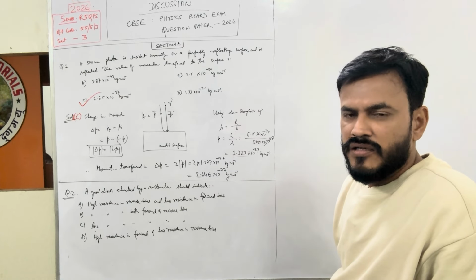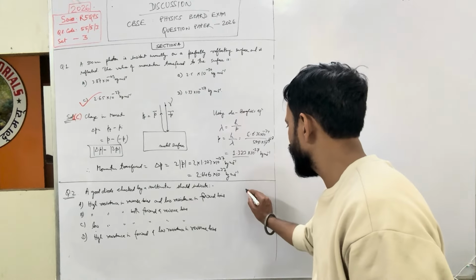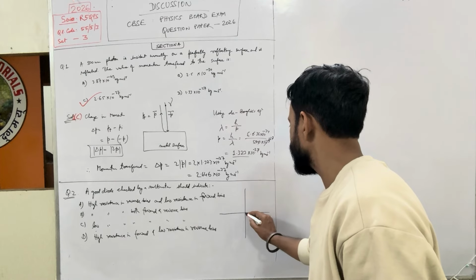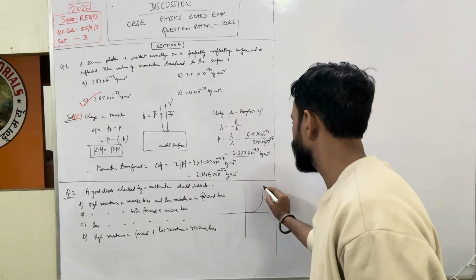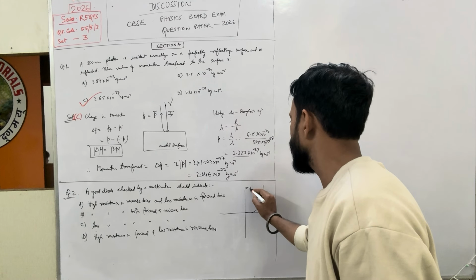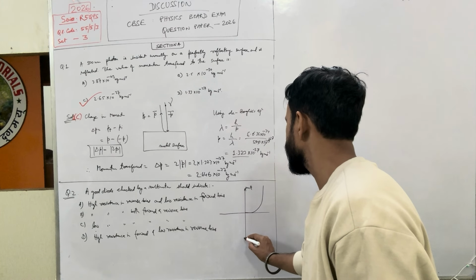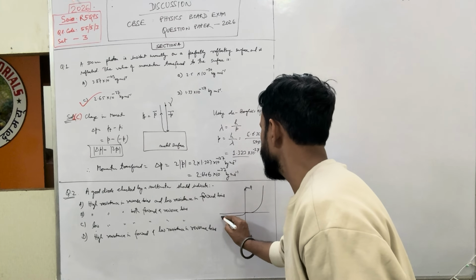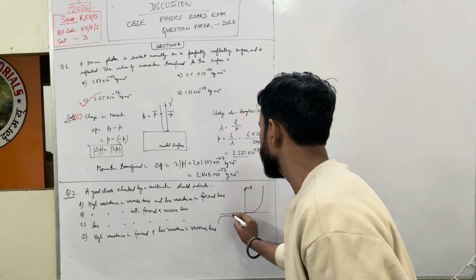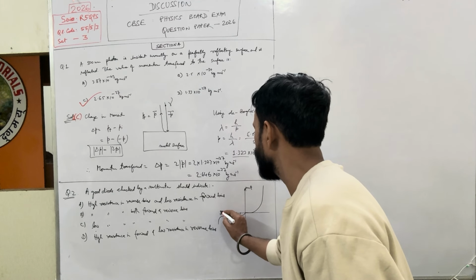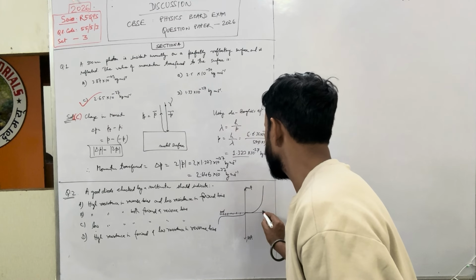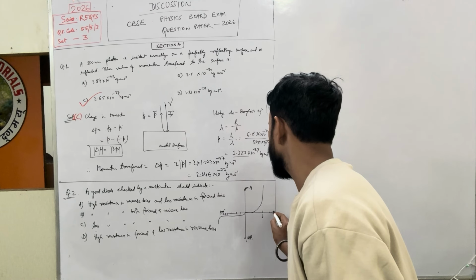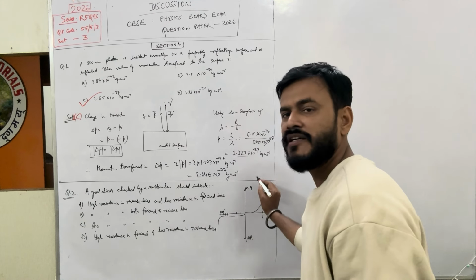So, for an ideal diode, if you draw the IV characteristics, it has forward bias current in milliamperes and reverse bias current in microamperes. In microamperes, it relatively remains in a switched off position, but in forward bias, even on application of 1 volt, the current picks up.